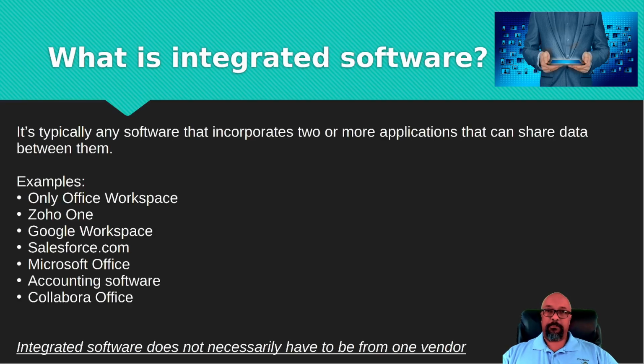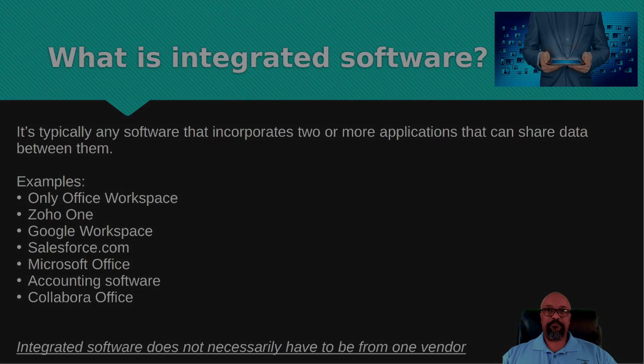And of course, LibreOffice, which is one that I use here at the channel. Now, also keep in mind that integrated software does not necessarily have to be from one particular vendor. There are vendors who offer software that other third-party software vendors create additional tools and capabilities for. And we'll go into that a little bit as well.